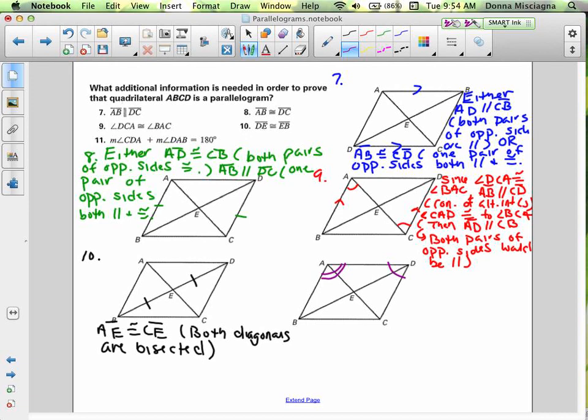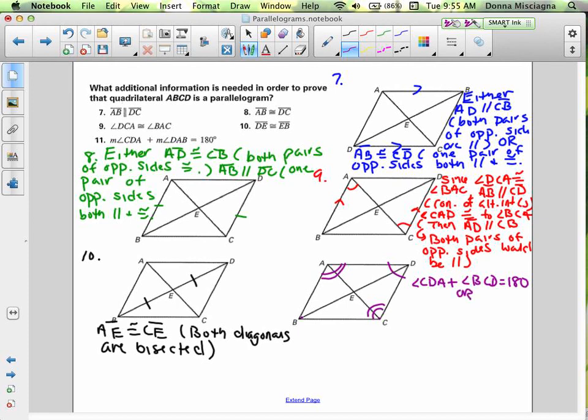So we need one of two things. We need angle CDA plus this angle here, angle BCD, equaling 180. That would work.